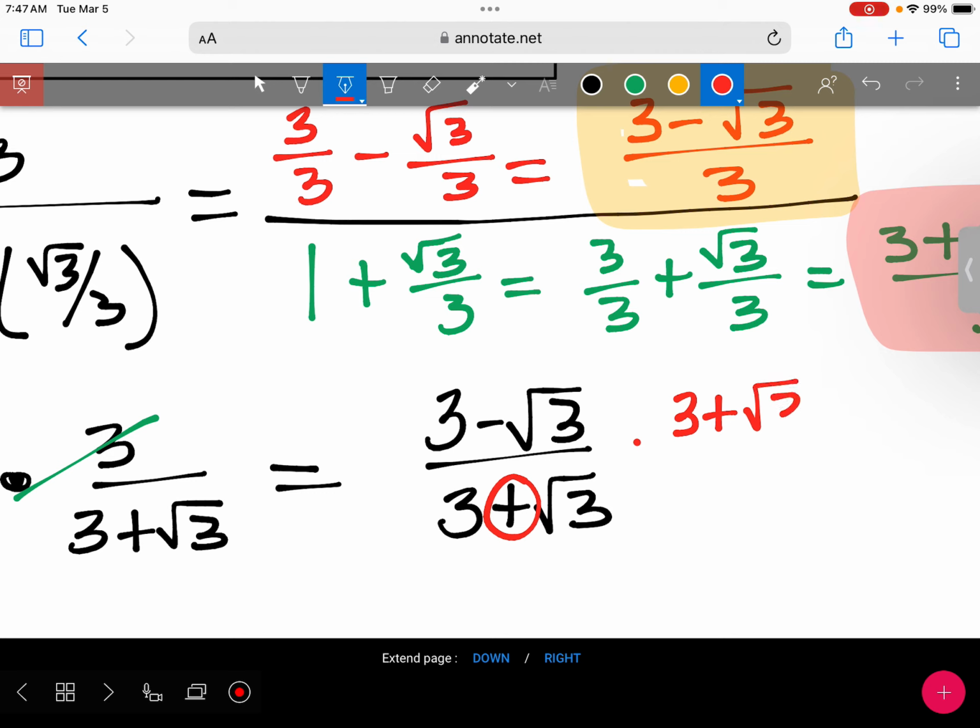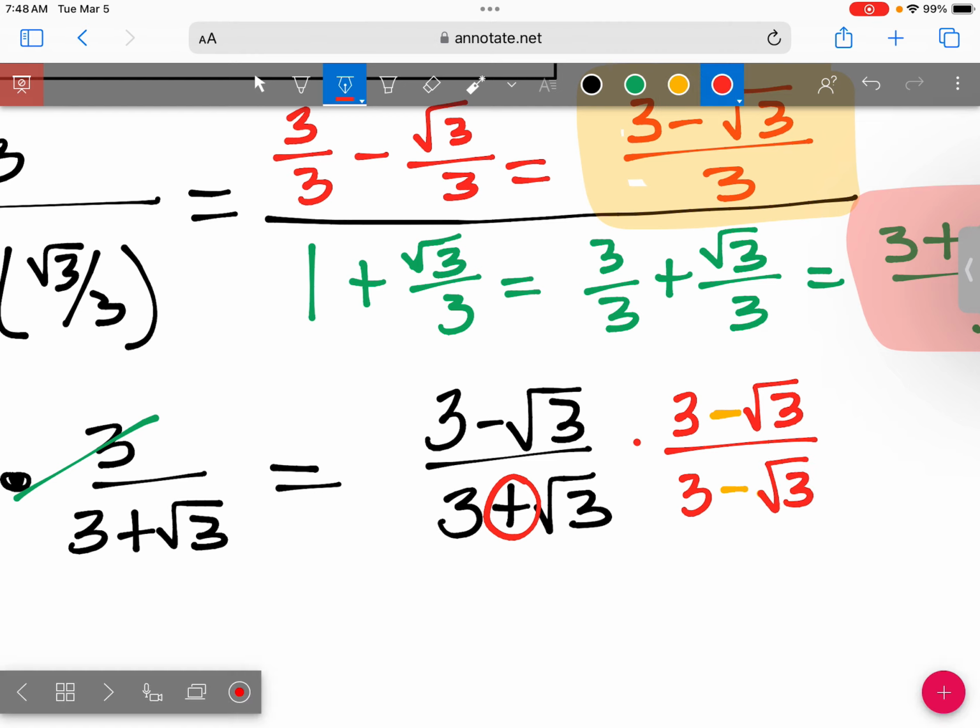Go ahead and make your 2 boxes. I did not mean to put a plus. After I just told you to flip it, I kept it a plus. Hold on. It's 3 minus. Me and technology are not getting along today. 3 minus root 3, top and bottom.